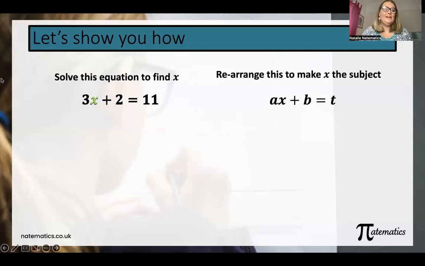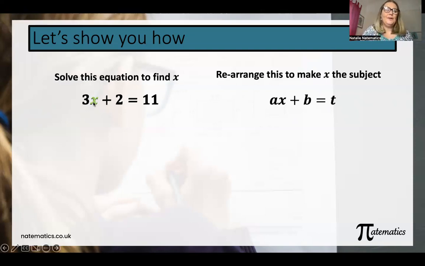So for a 2-step equation, I always say that these 2 together, they've got to stay together. They're like best friends. It helps people to understand. They laugh, but then you know what? It helps them remember. And then the thing that comes along afterwards came a bit late to the party, the +2. That's the thing that has to go, because they've not got that kind of emotional connection to the x as what 3 has. Anyway, it's just a way to remember it.